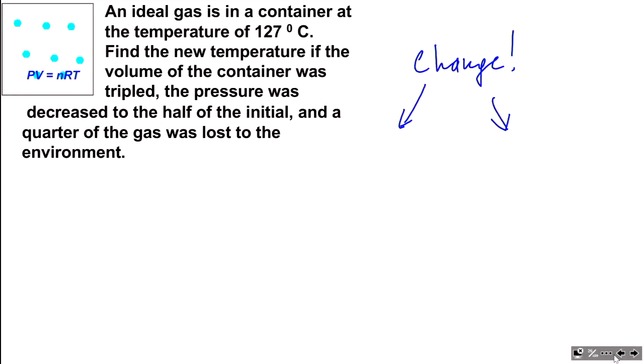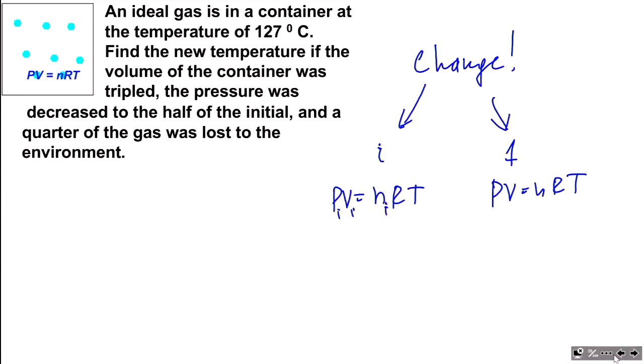we have an initial state of the system and a final state of the system. And for each state, we can write the same law. PV equals nRT. PV equals nRT. But since we have two different states, we have to label each variable. Initial.